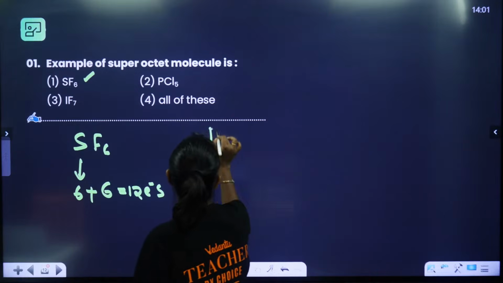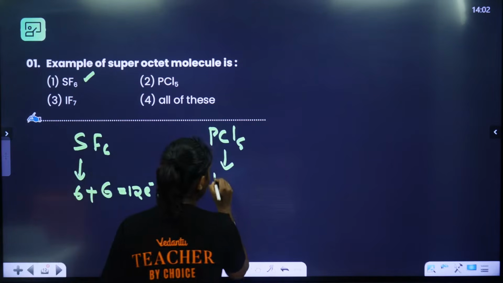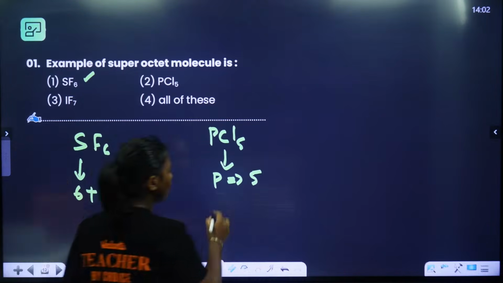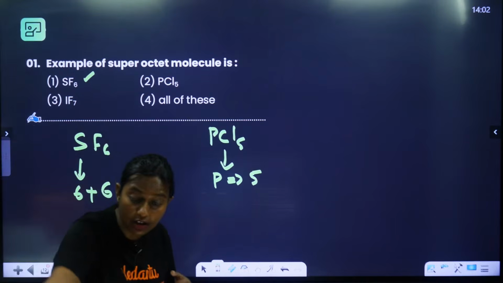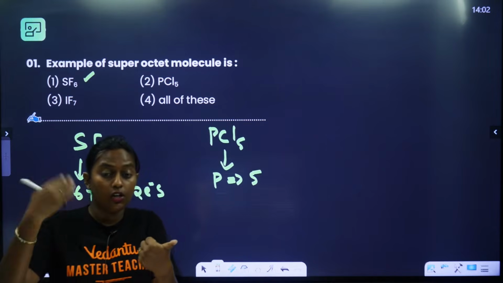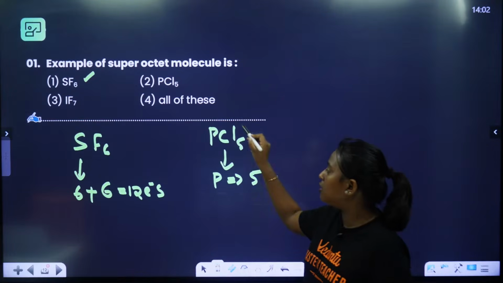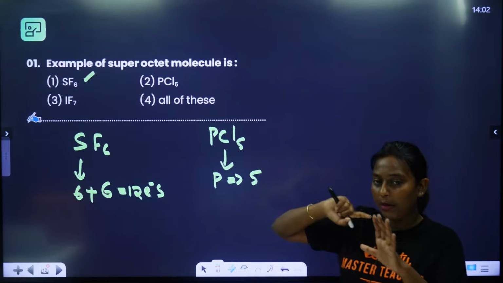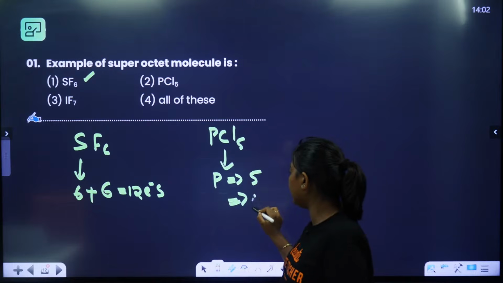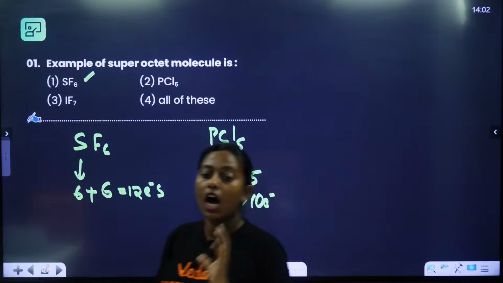Then we can consider PCl5. Phosphorus contains 5 electrons in the outermost shell, and it is bonded with 5 chlorine atoms through covalent bonds. Phosphorus gives 1 electron to share, and chlorine gives 1 electron to share, mutual sharing. 5 chlorine atoms give 5 electrons to phosphorus, so a total of 10 electrons in the outermost shell.